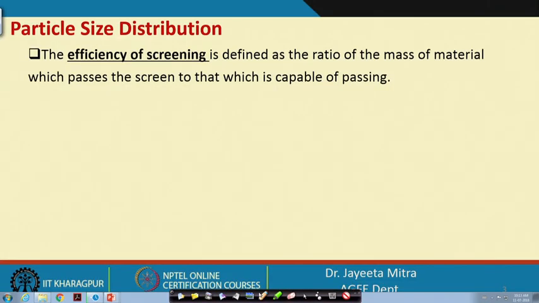In the distribution based on sieve analysis, we keep the product on perforated screens or sieves, put a stack of sieves, and vibrate it for a certain amount of time.